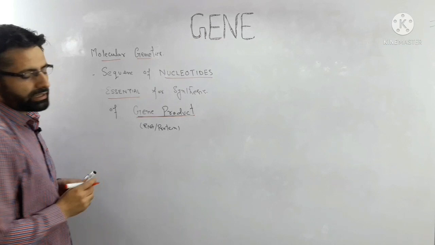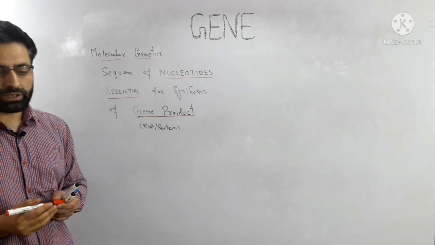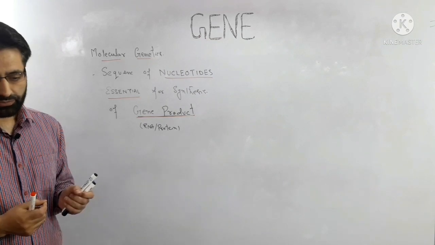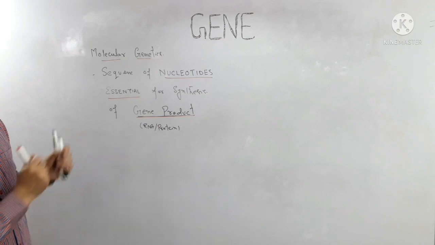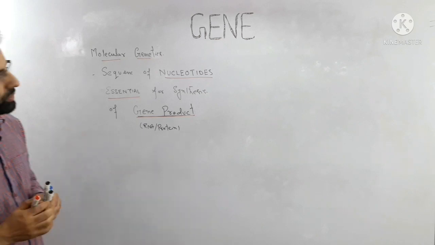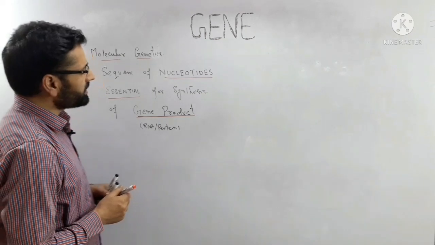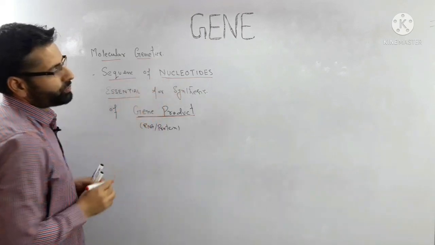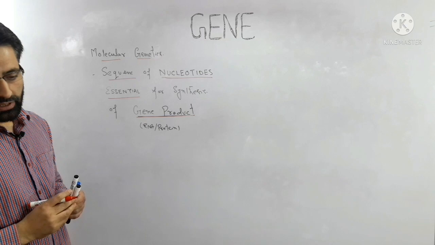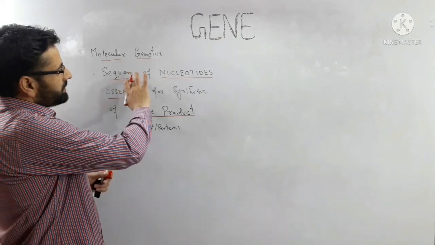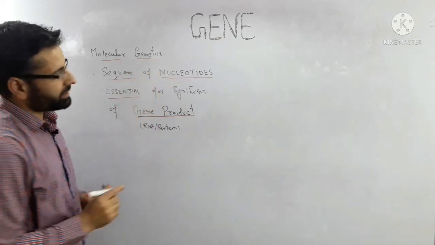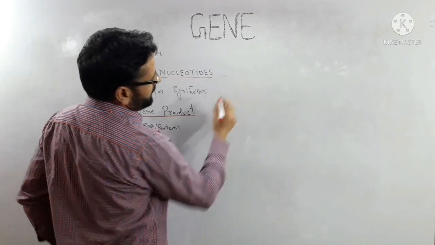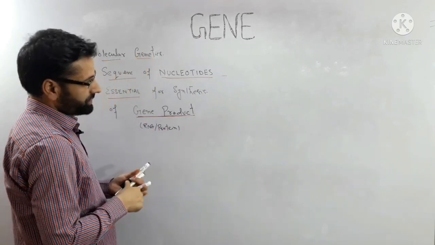Gene products can be either RNA or proteins. Let me explain it. First, you have to understand what is meant by the sequence of nucleotides. This term nucleotides gives the chemical nature of the gene.